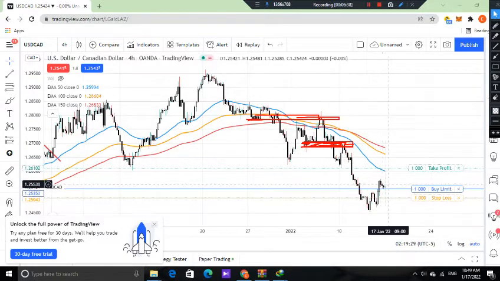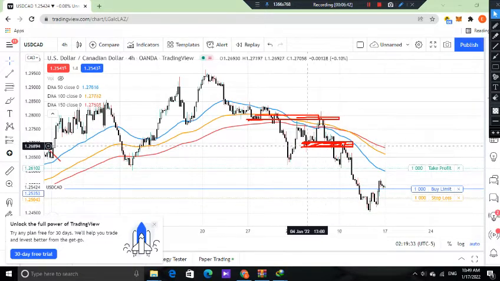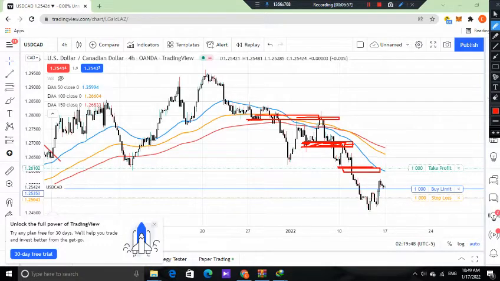Sorry for the interruption. Okay, as you can see, we have this pullback at this level, which is the last bottom at this point, of course. And what about now? Okay, the pullback didn't reach, didn't make it to this level. It's a sign that the bearish trend is stronger.